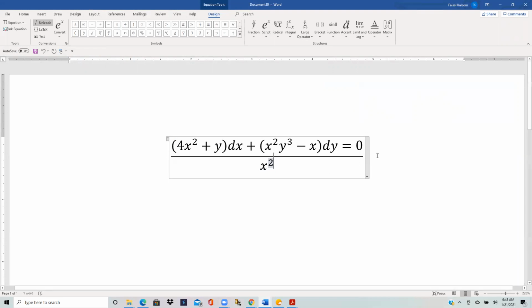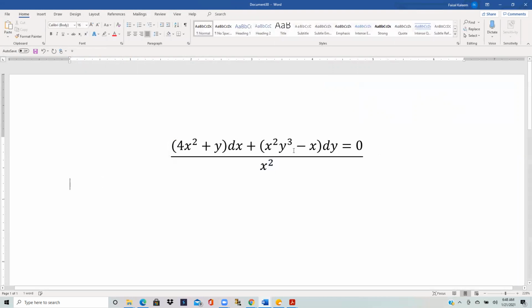When every term is divided by x squared, this one just becomes a 4, and this is y over x squared, or y x to the -2.